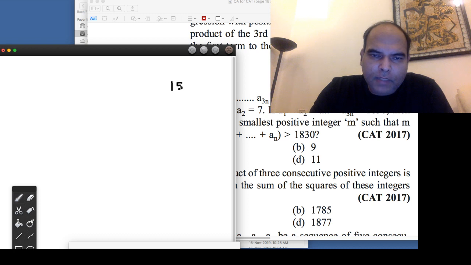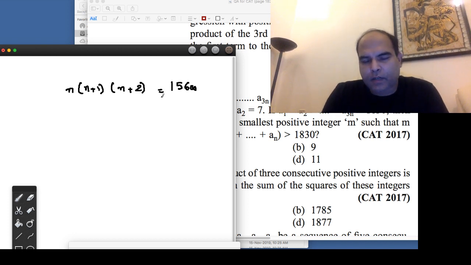Now again, our maths has taught us stuff like n into n plus 1 into n plus 2 is equal to 15,600.